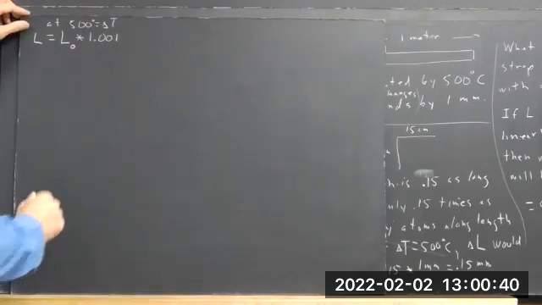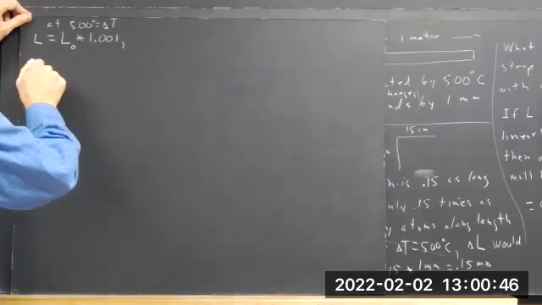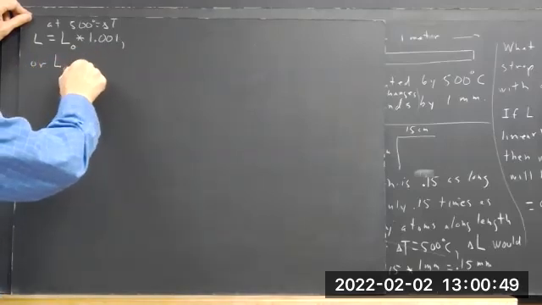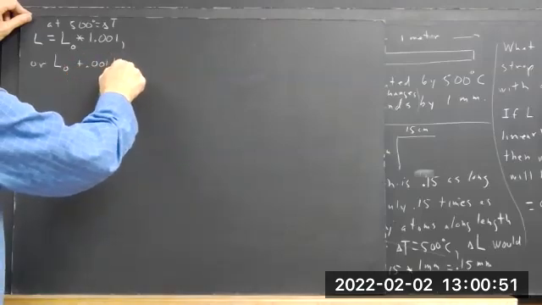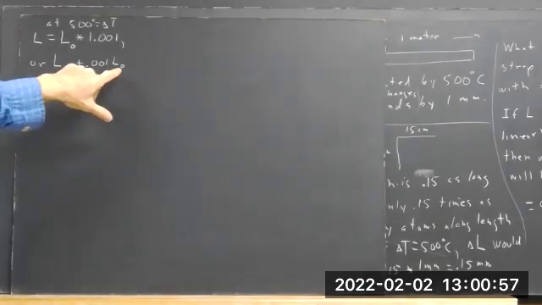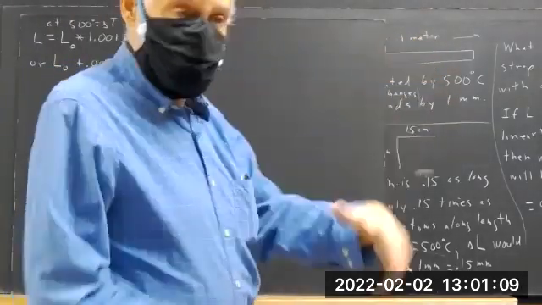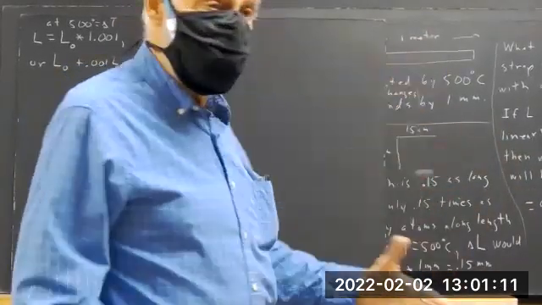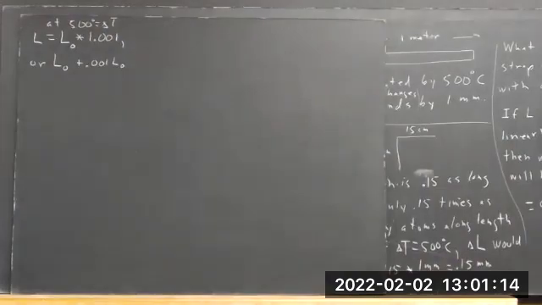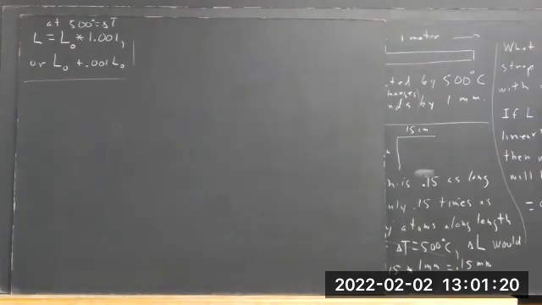Meaning, the same thing as the original length plus 0.001 of the original length. And why 0.001? Because 1 millimeter out of a meter is 0.001 of a meter. So it should be pretty obvious. You don't want to think about it. It's fairly basic. Okay.